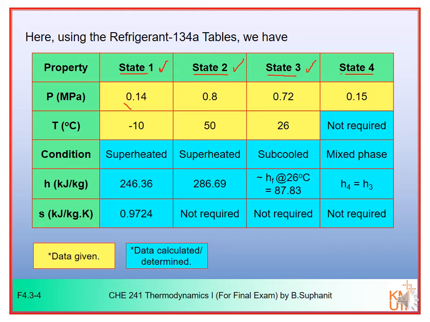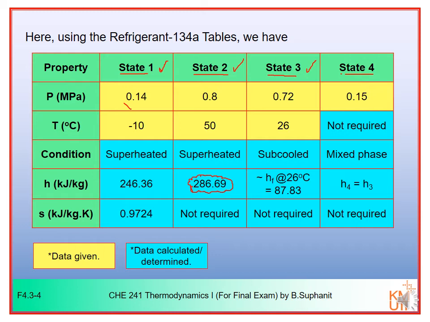So these are the properties that we obtained for state 1. At state 2, when you check the pressure and temperature, you find out that it's also superheated vapor, so you can go to the superheated table and obtain the enthalpy value at this state.